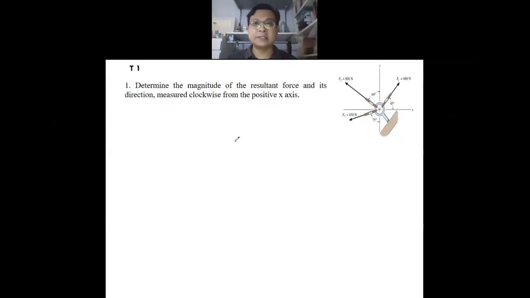Okay, we have 1, 2, 3 forces here, here, here, and also this direction.